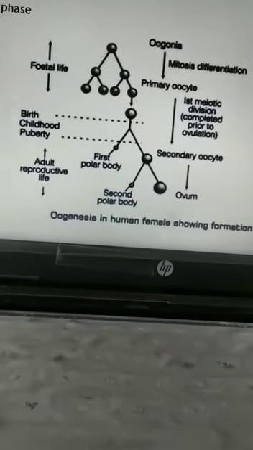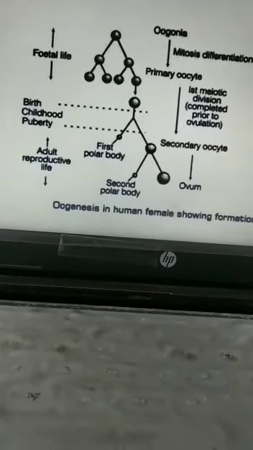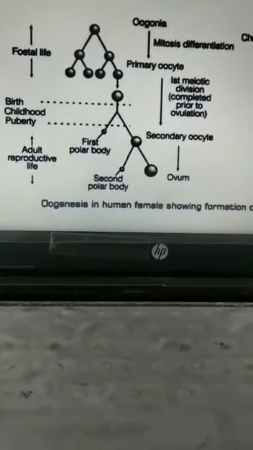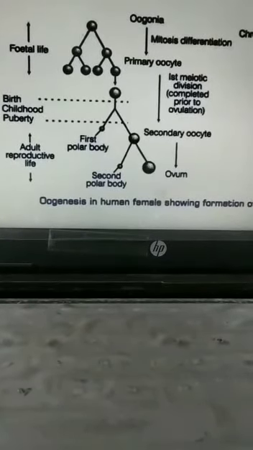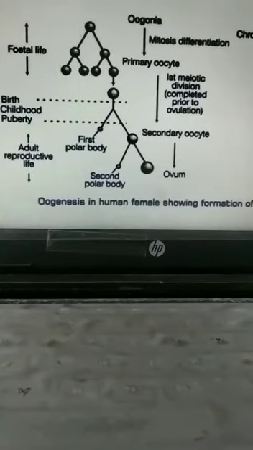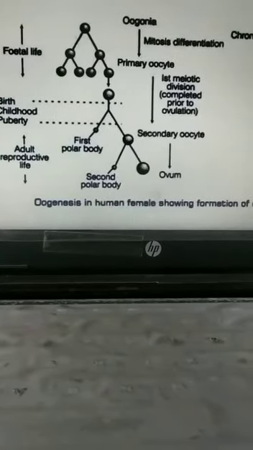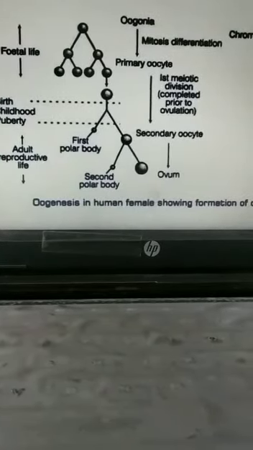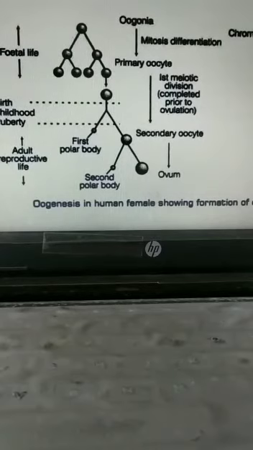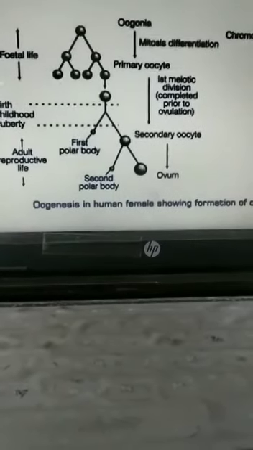No more oogonia are formed and added after birth. These cells start division and enter into prophase 1 of meiotic division. They get temporarily arrested at this stage and are called primary oocytes.